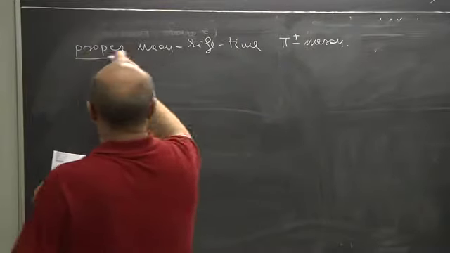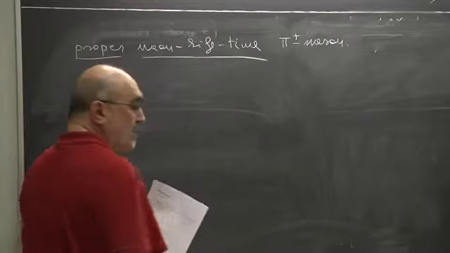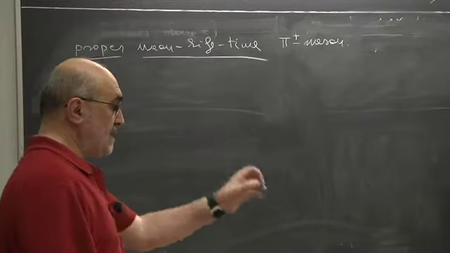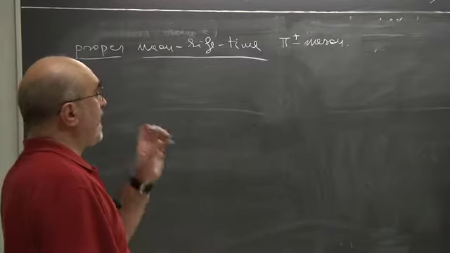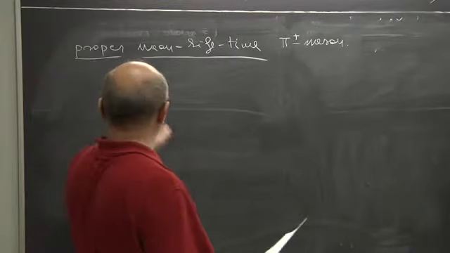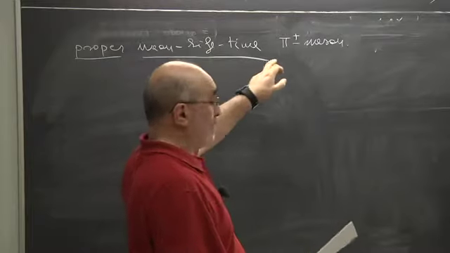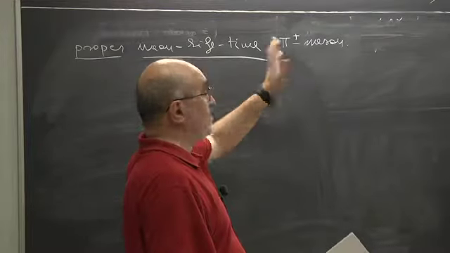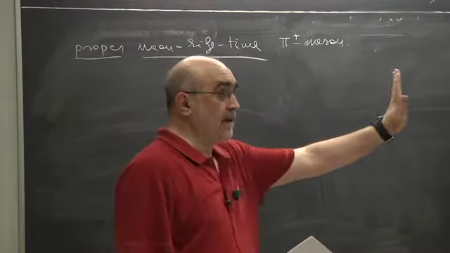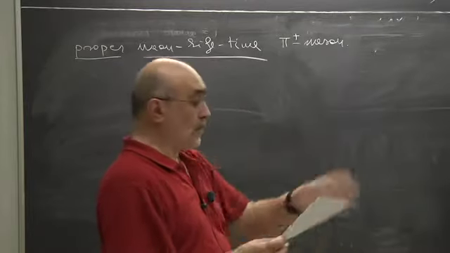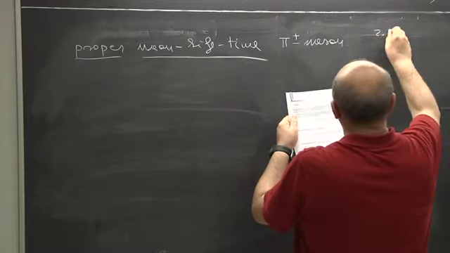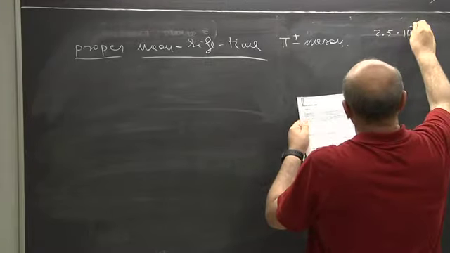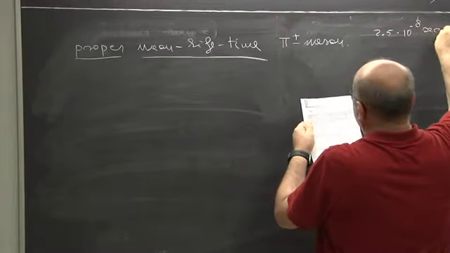The proper mean lifetime means we measure its mean life, see how long it takes on average to decay, but proper in the sense that this is the proper time, so we are moving with the particle. We are not looking at the particle while it decays, we are moving with the particle. And it is 2.5 times 10 to the minus 8 seconds.